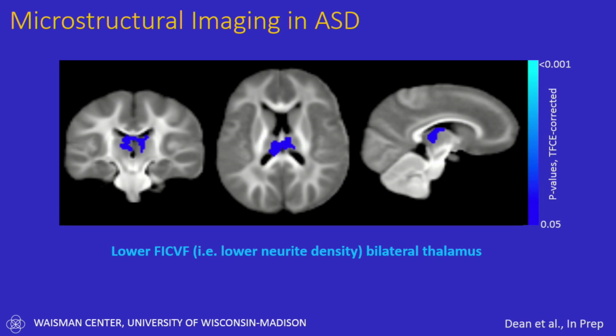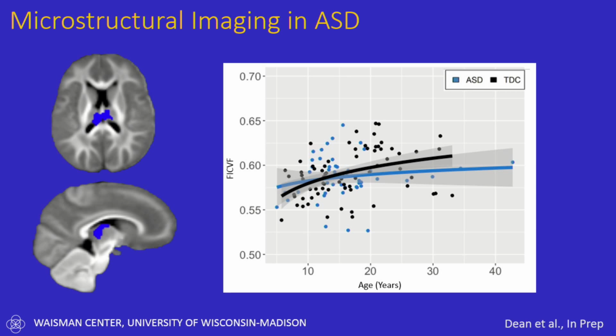What we're beginning to see is that in individuals with autism, there is a pattern of lower neurite density within the thalamus, which is a really interesting part of the brain supporting different sensory functions, which is a very interesting recent result.